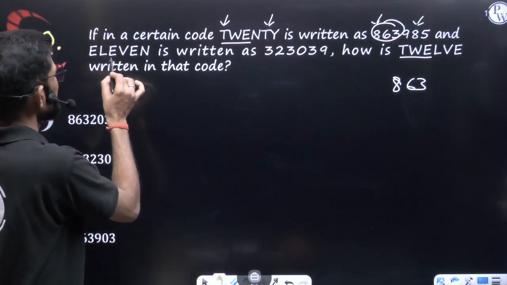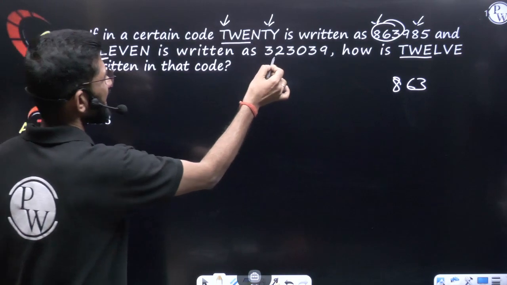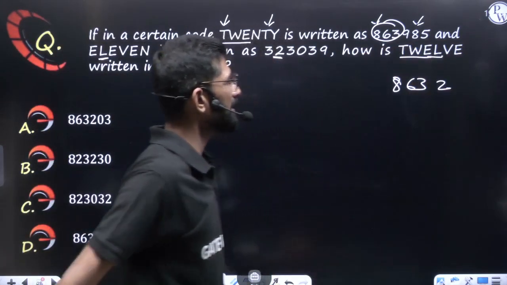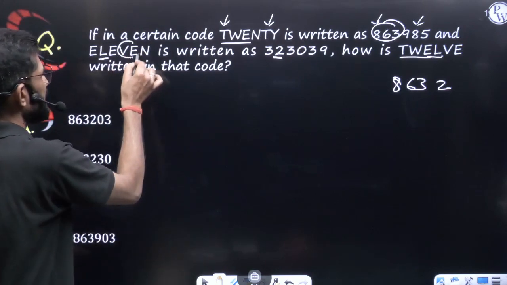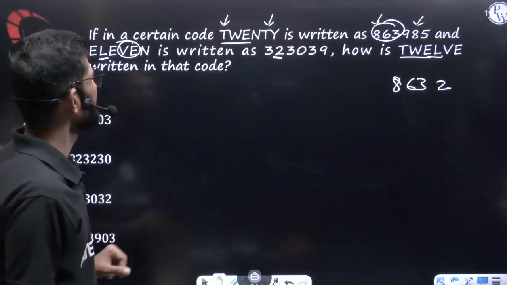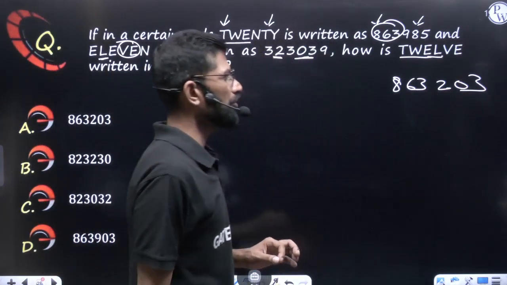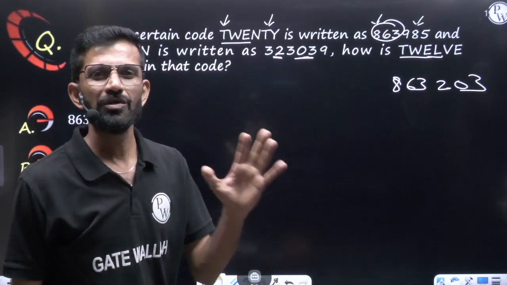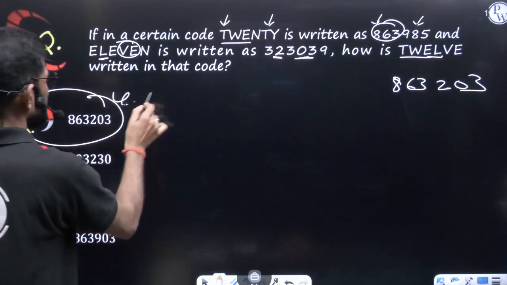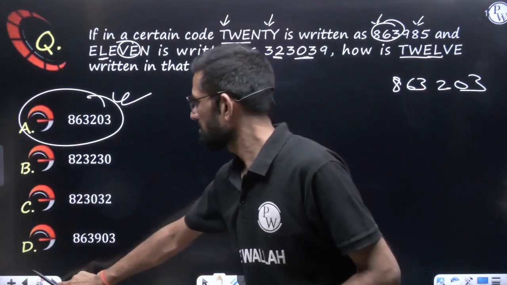L is here, the 2nd letter, and here the 2nd number is 2. So, I can say 2. VE we can find from the last 2 letters, that is 03. So the code for 12 will be 863203. That is option A. Clear? Moving to the next one.